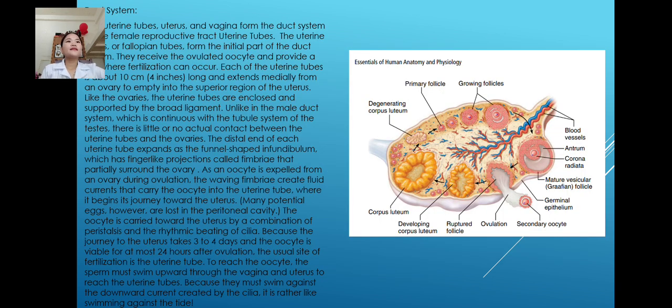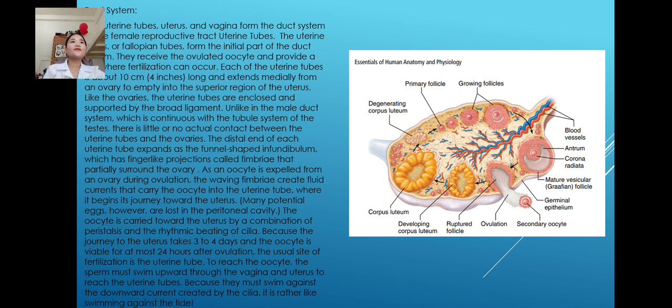So, the duct system. The uterine tubes, uterus, and vagina form the duct system of the female reproductive tract. The uterine tubes, or fallopian tubes, form the initial part of the duct system.